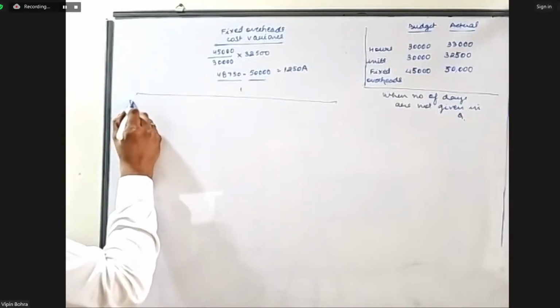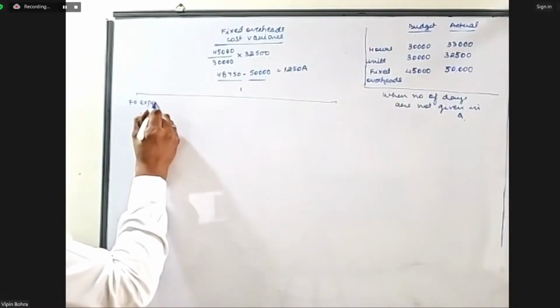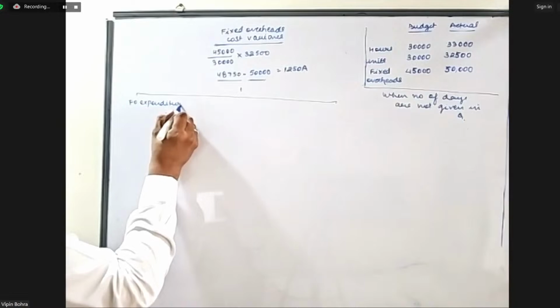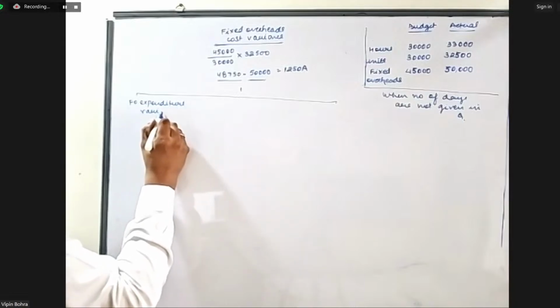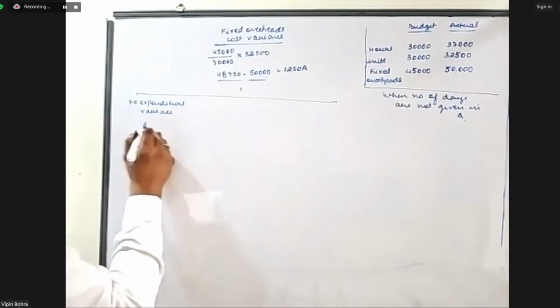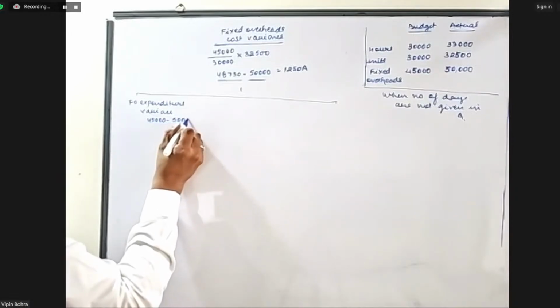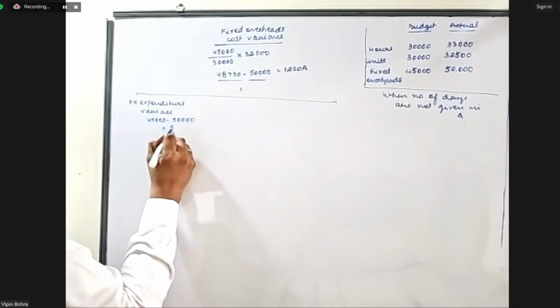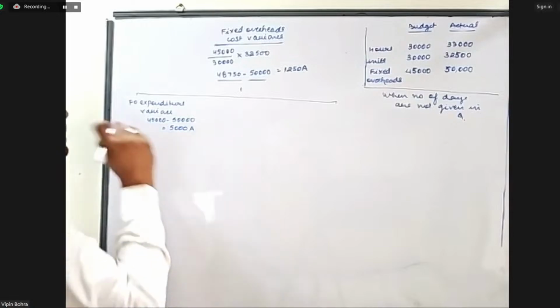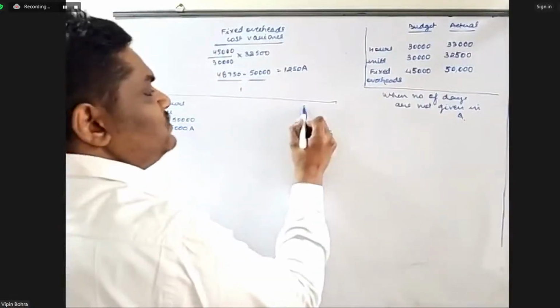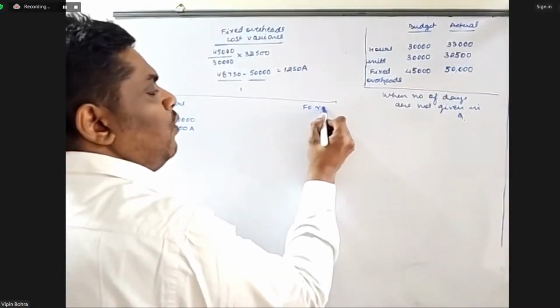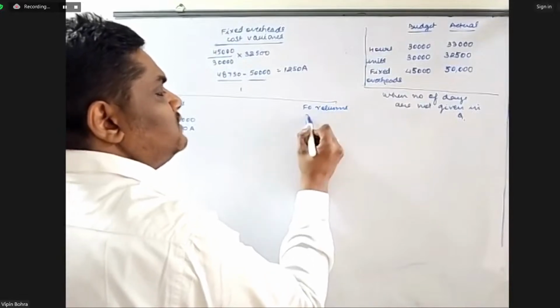When talking about fixed overhead expenditure variance, again, no change, guys. So this will be 5,000 adverse. Next is fixed overhead volume variance.